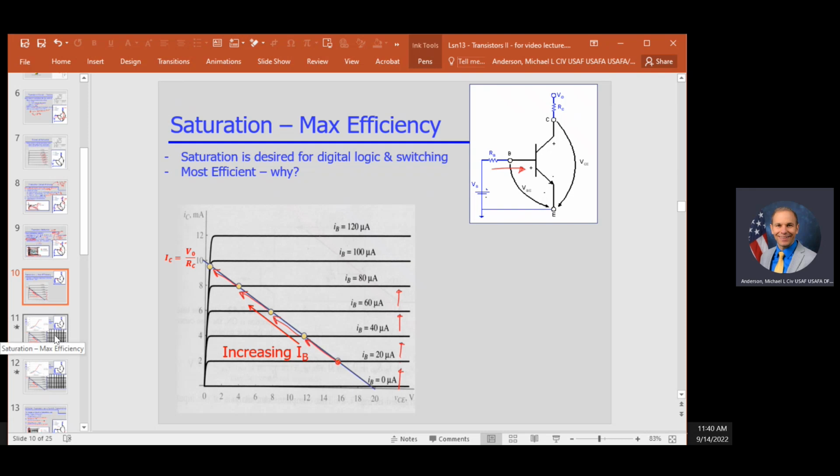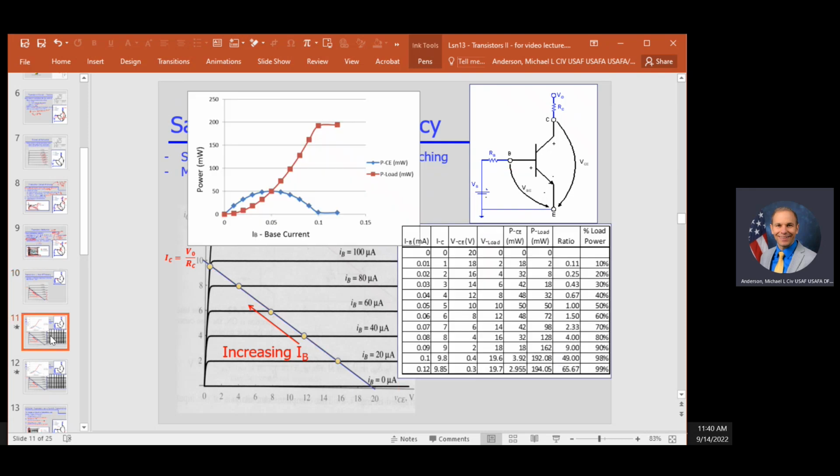So if we look at some actual calculations with that, here's a simple Excel spreadsheet where I plotted these different base currents and then calculated what the resultant collector current would be. Remember, collector current is the current going through the device, but it's also the current going through the load, which is where we want our energy to go.